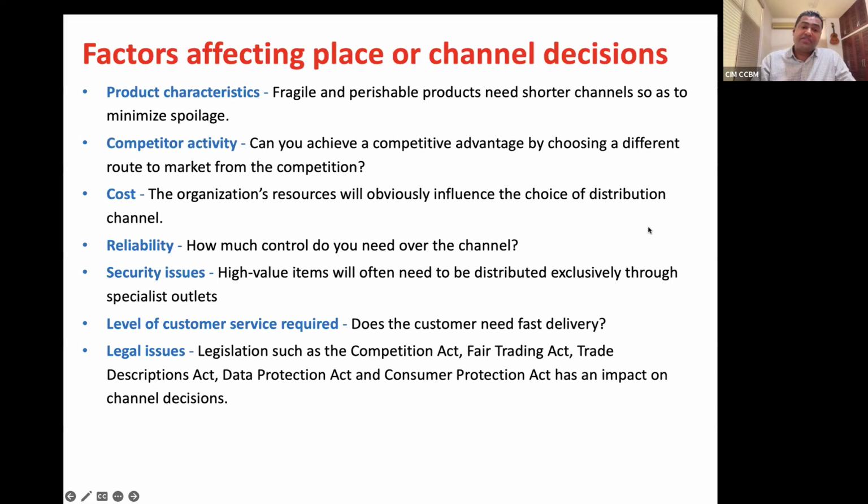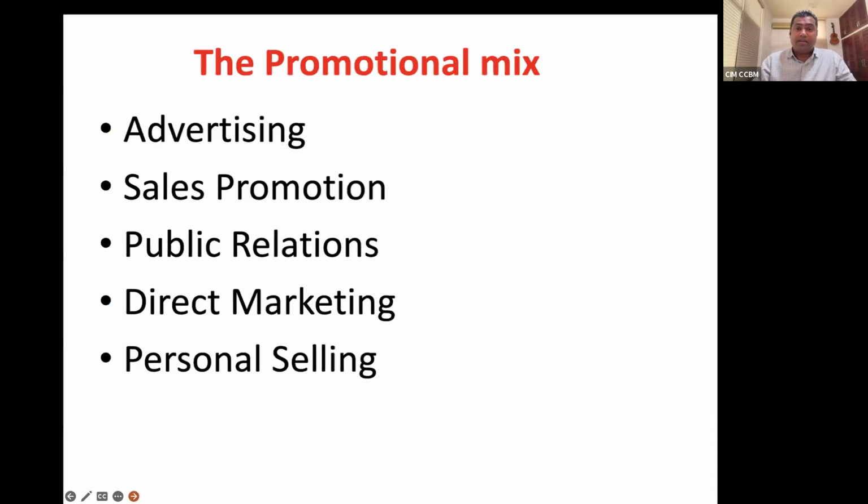The level of service required from the type of distributor. Sometimes distributors make a mockery out of the service that they give to your product. And there are legal issues. Sometimes if your distributor is not providing the correct service, then the company can be sued, right? So you need to consider all these factors when making channel decisions.